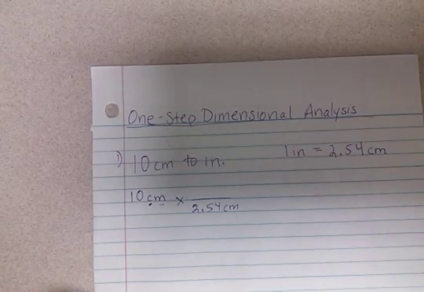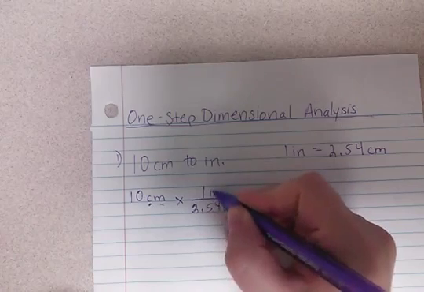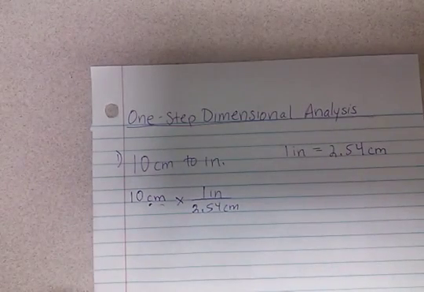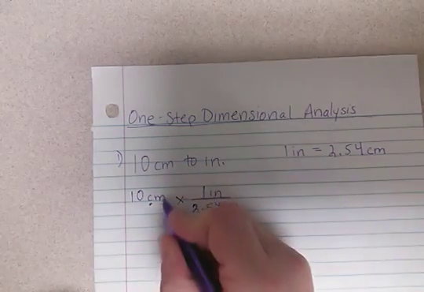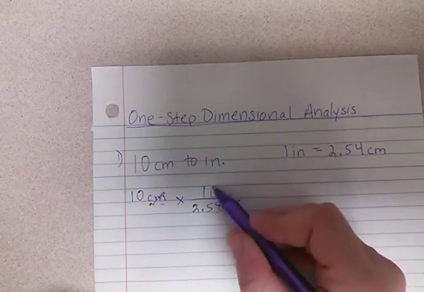And 2.54 centimeters equals 1 inch, so that goes on the top. The next thing we want to do is cancel out repeated units on the top and the bottom. So in this case, centimeters and centimeters cancel out, so we are left with inches.